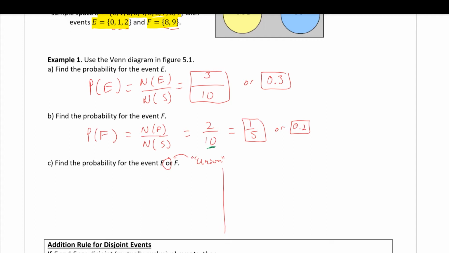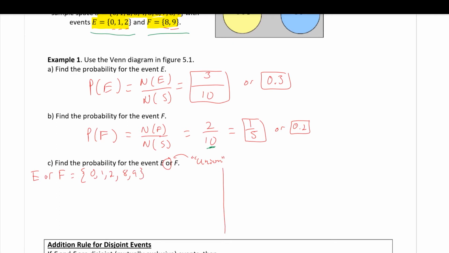Let's actually list out that set, E or F. Well, everything that's in E or F. So we're essentially unifying these two sets up here. So everything that's in E and everything that's in F are going to be placed in E or F. So 0, 1, 2, 8, 9. Right?